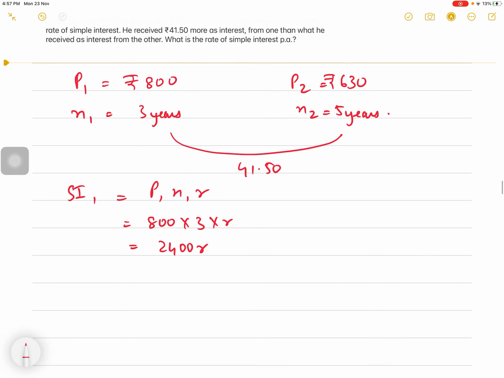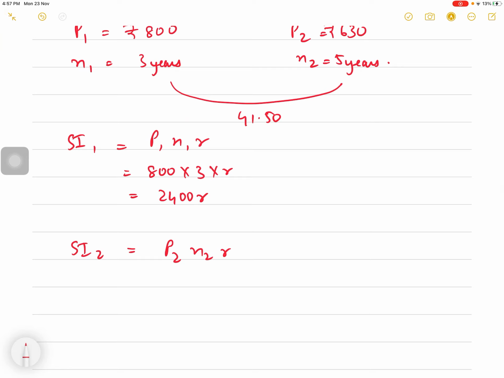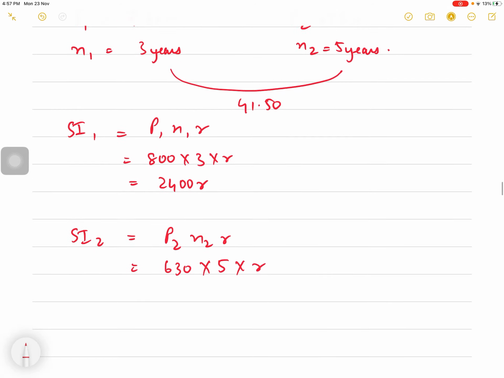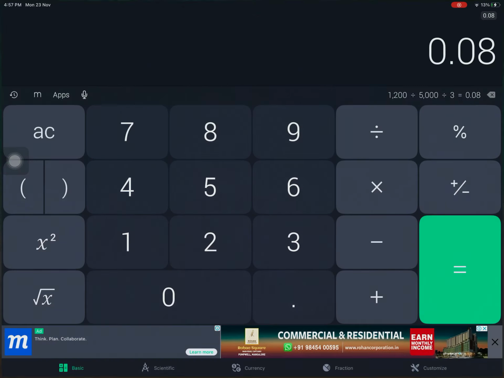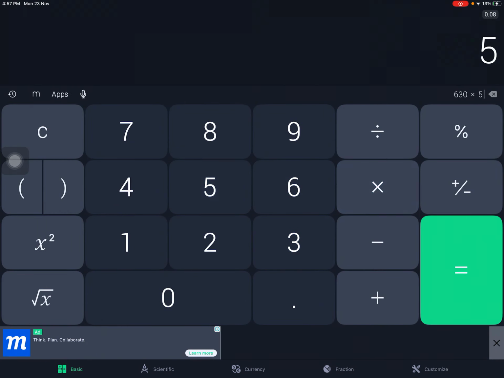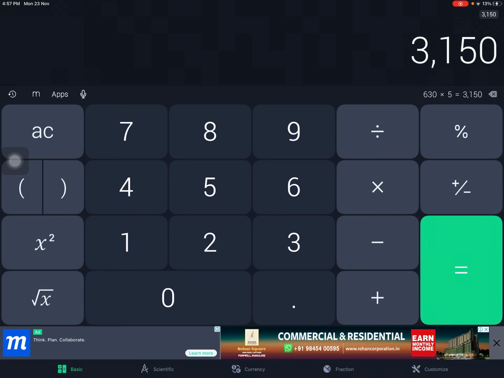So simple interest 1 is 2400 R, and simple interest 2 is P2 into N2 into R, which is 630 into 5 years into R. So 630 into 5 comes to 3150.